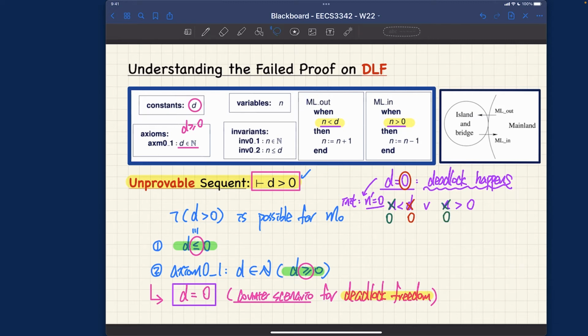Okay, let me be a little bit more picky about the color. Since we talk about that particular scenario where n is initialized to be 0, that's about the init event. You can see exactly why I'm doing the 0 replacement over here, because of the particular scenario when the reactive system was first launched. And now you can see 0 less than 0, false. 0 larger than 0, also false.